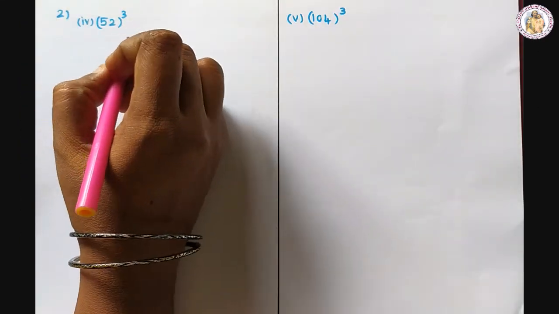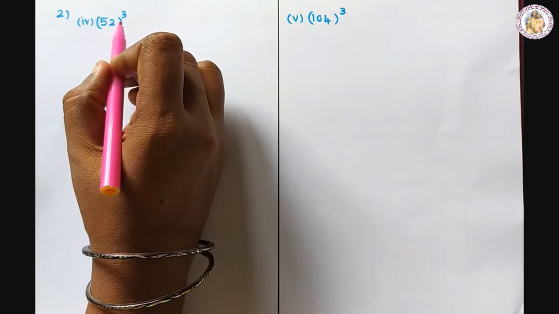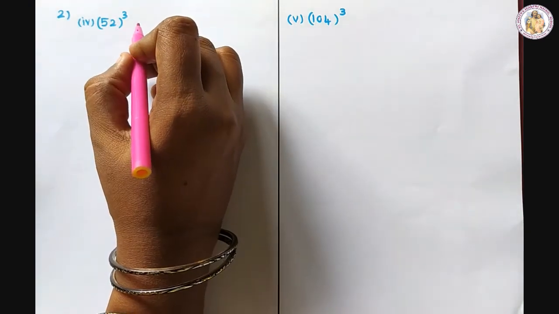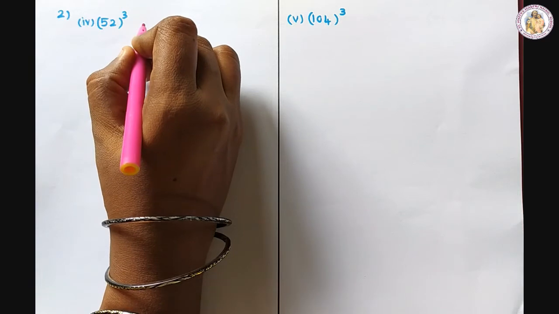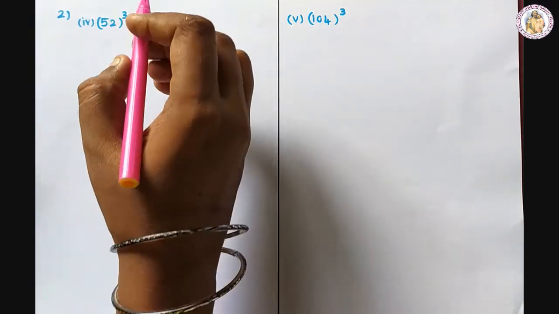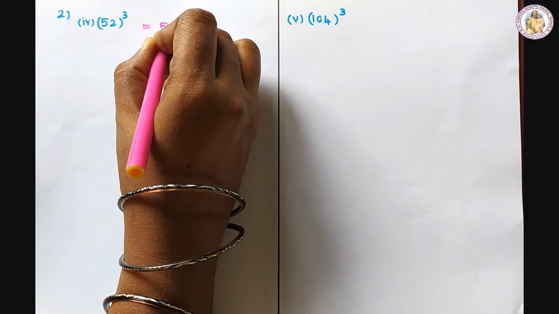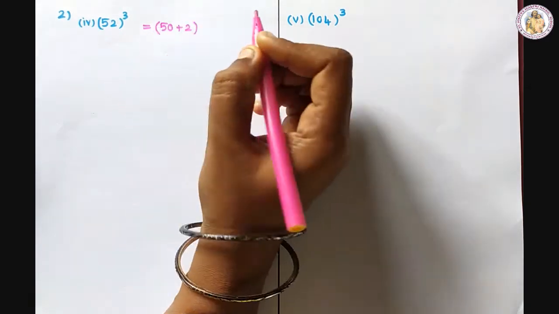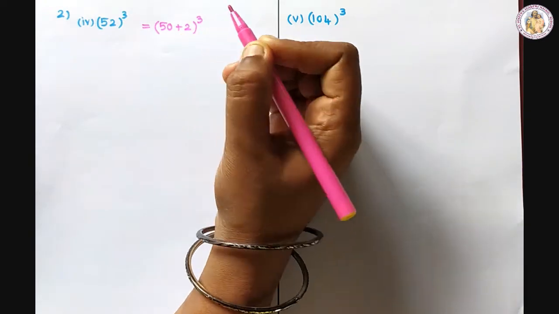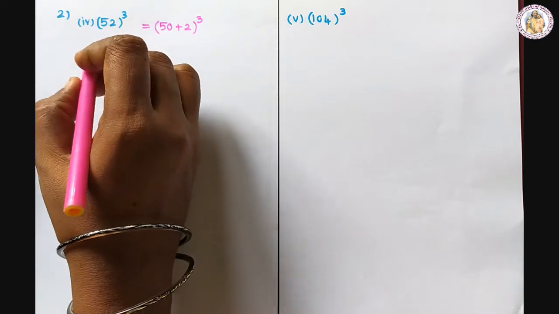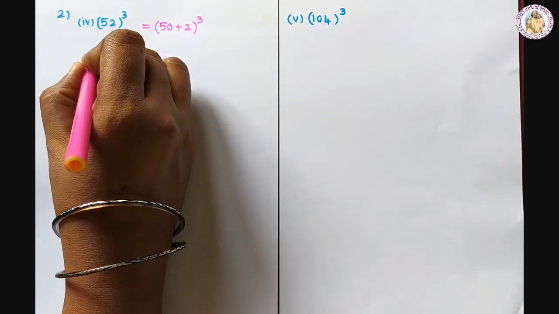Second one, fourth subdivision, 52 the whole cube. Listen, we can write it as the nearest tens, that is 50, plus 2. So 50 plus 2 is in the form of a plus b the whole cube.